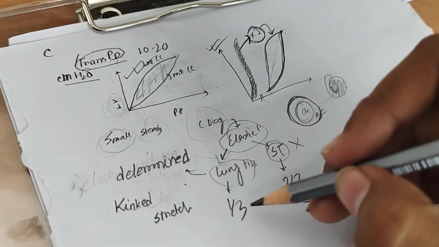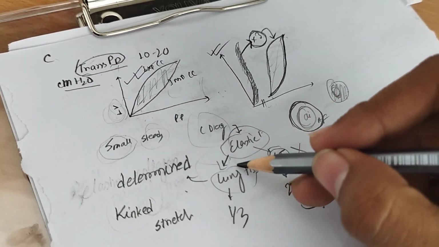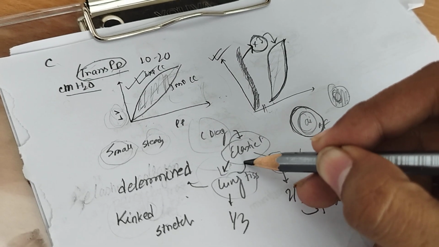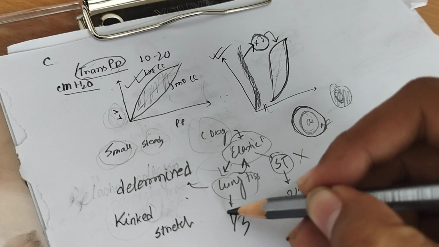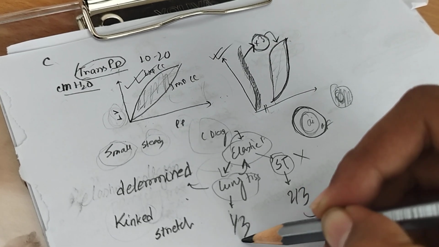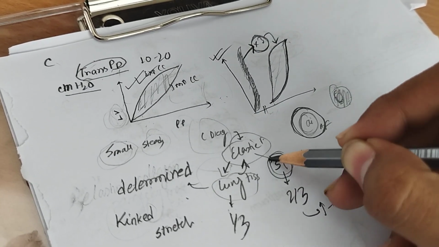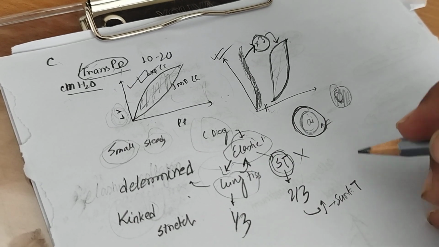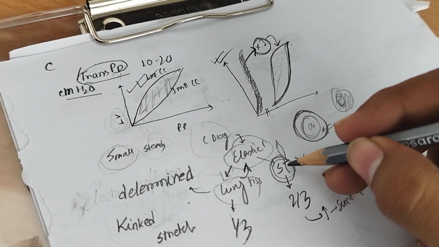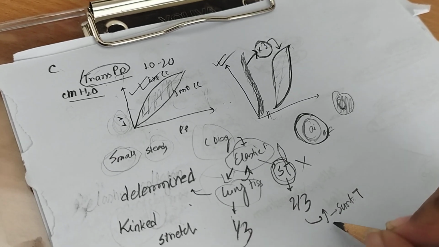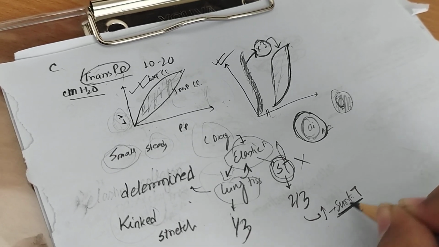So the contribution of the elasticity of lung tissue to the elastic property of the lung is just 1/3, and the contribution of surface tension is 2/3. This contribution of surface tension increases more when there is a lack of surfactant in the lungs.